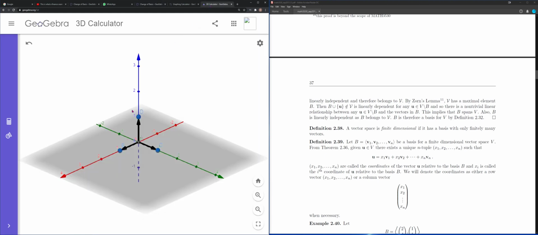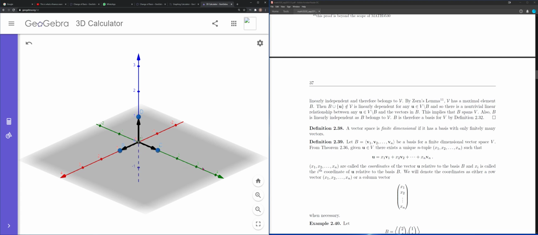In the case of R3, three-dimensional space, this is a basis here, E1, E2, E3, your standard basis vectors. These three vectors form a basis for three-dimensional space, and notice that this is finite dimensional, since the number of vectors in your basis is 3.